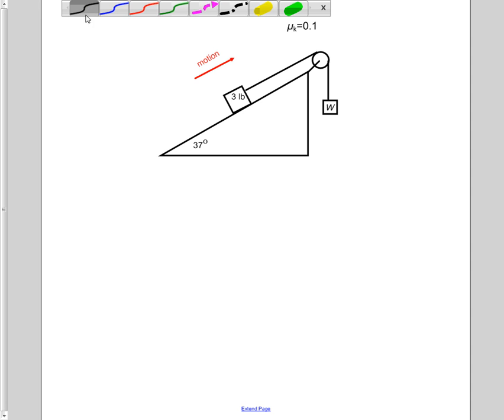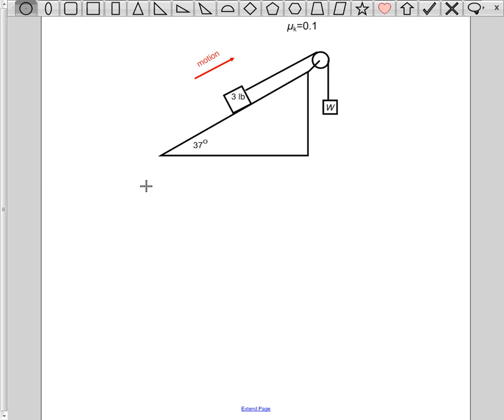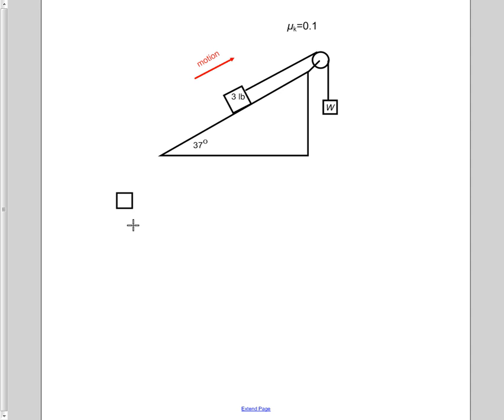So, choose a body. I'll choose the 3-pound object. Find all the forces on this object.